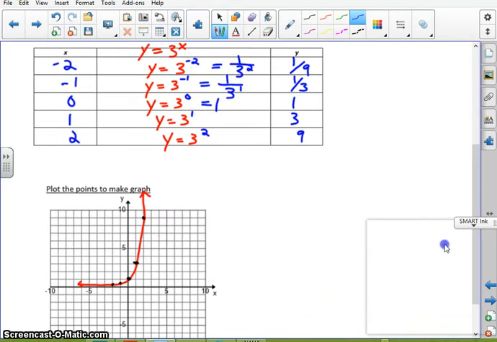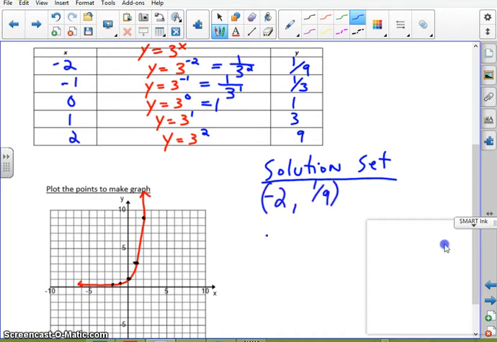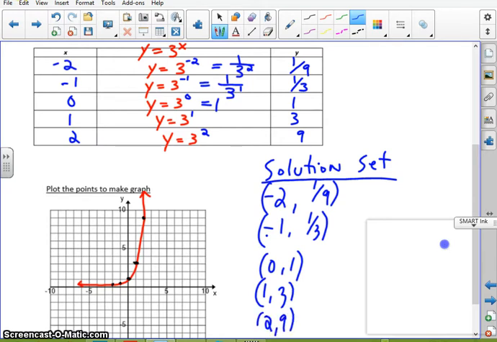Once again, my solution set is my set of ordered pairs: -2, 1/9; -1, 1/3; 0, 1; 1, 3; and then 2, 9.